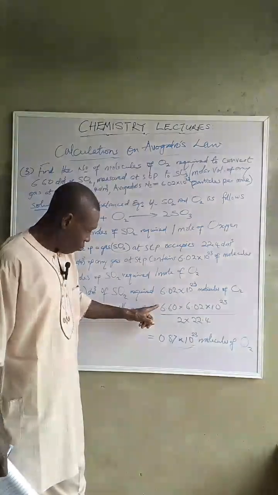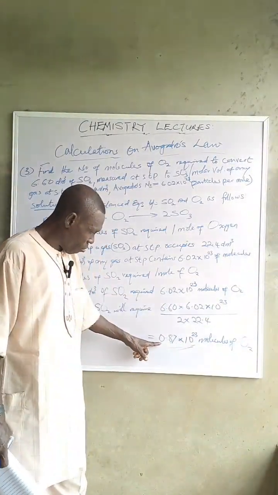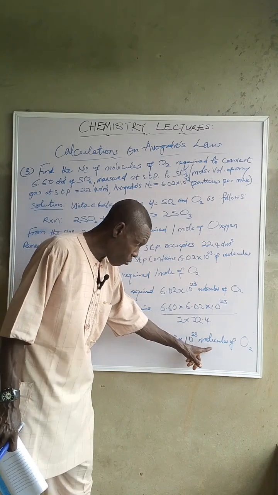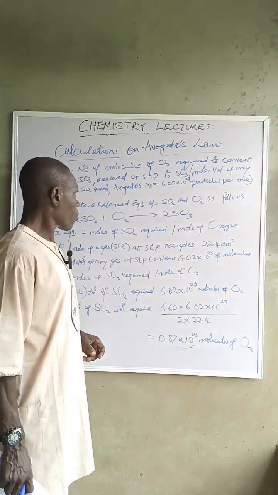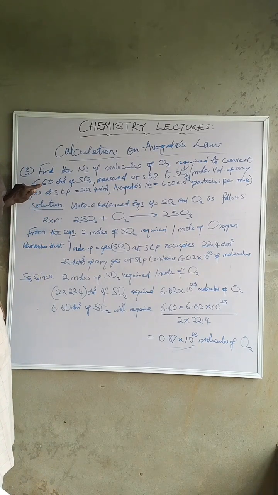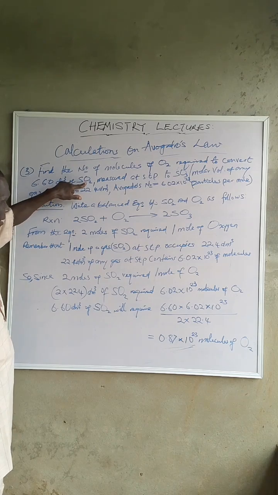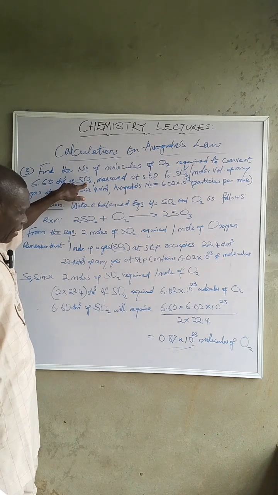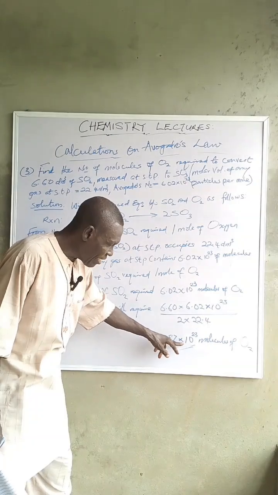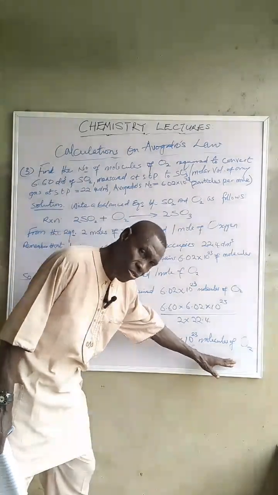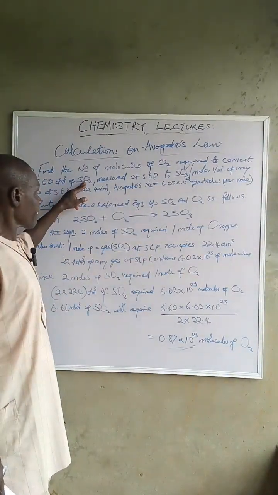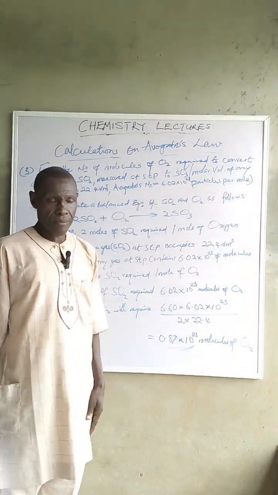So if you do this and divide by here, we have 0.87 times 10 to the power 23 molecules of oxygen. So it means this volume of this gas will require 0.87 times 10 to the power 23 molecules of oxygen to completely convert this gas to SO3.